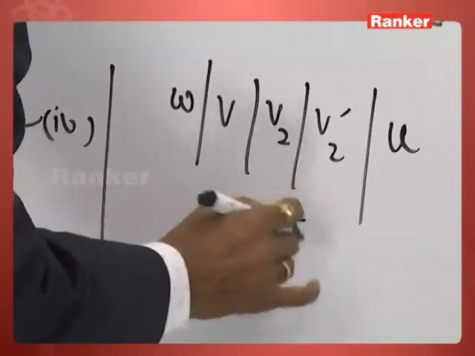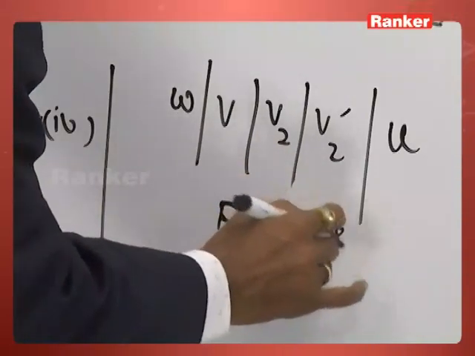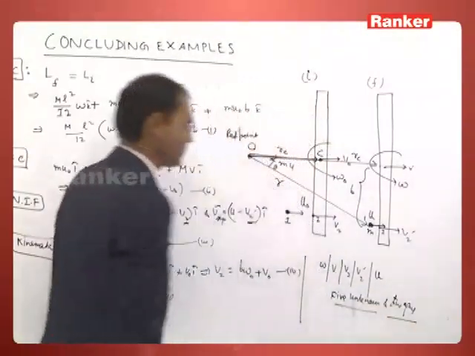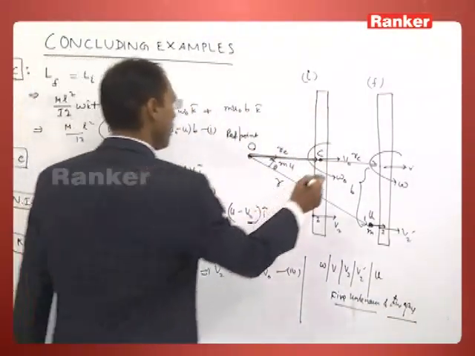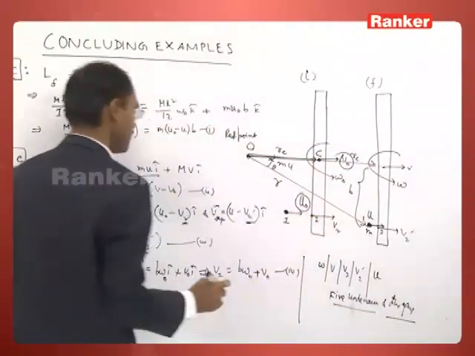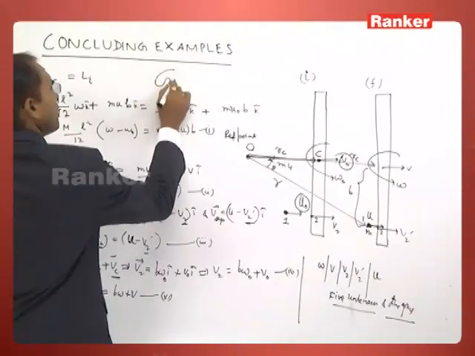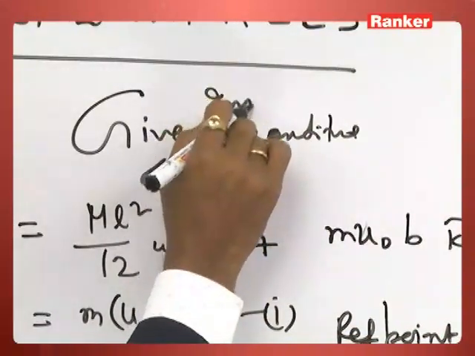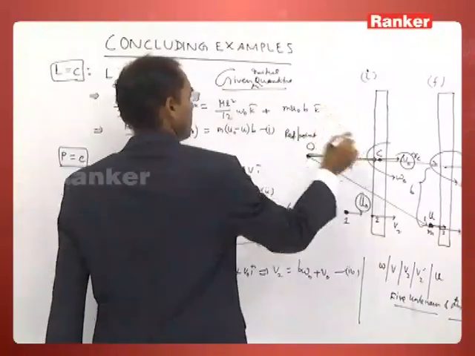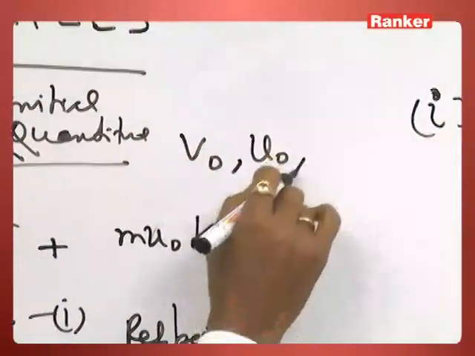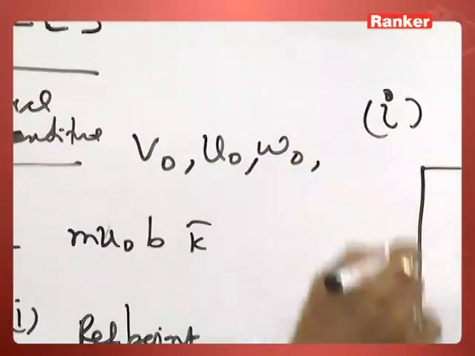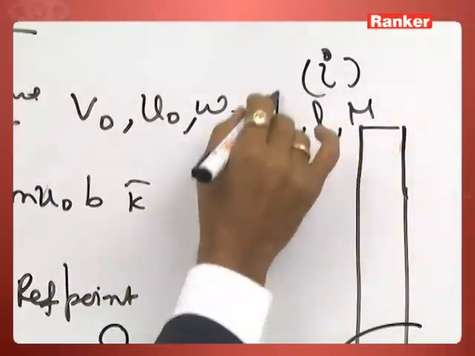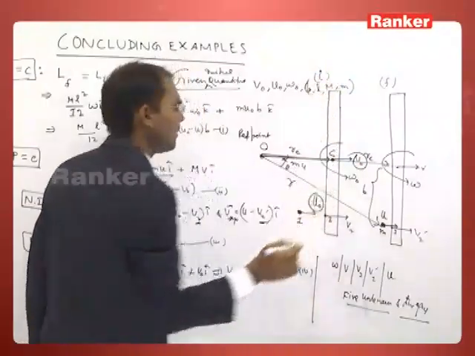These are all known quantities, all given initial parameters: v naught, u naught, omega naught, and of course the dimensions b, L, mass of the rod, and mass of the particle.